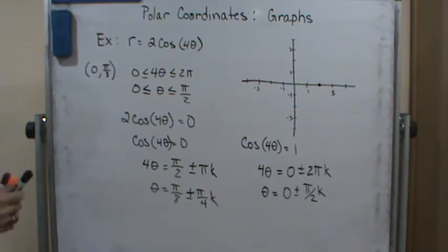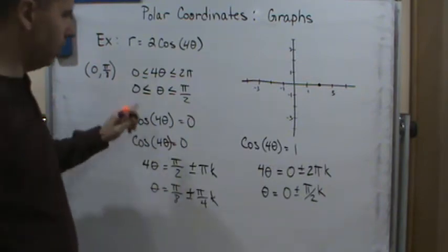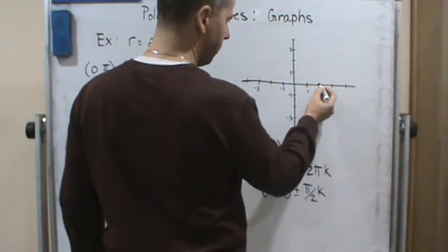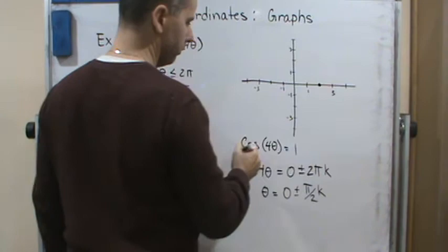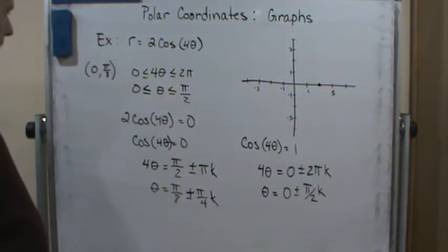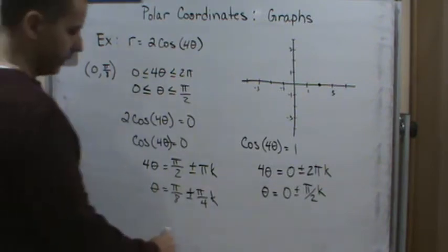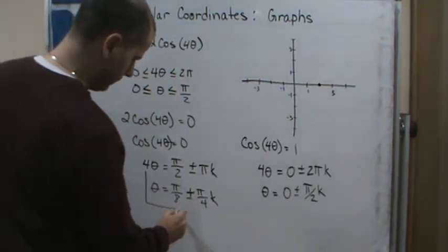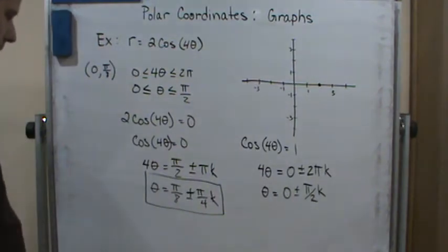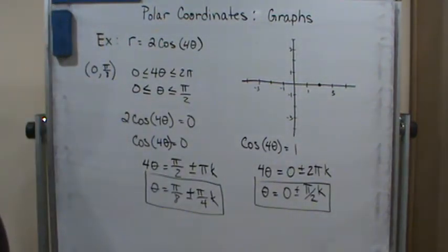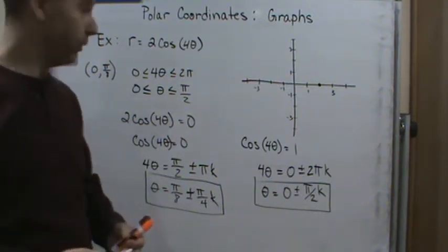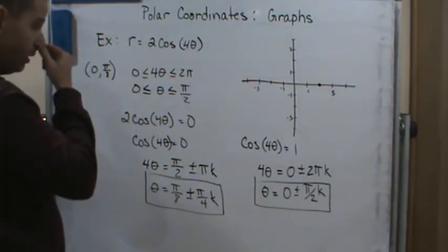So now, what happens? From 0 to pi over 8, it's going to go from 2 to 0. So let's go up by 8ths and see what happens, because that's what's going to happen.